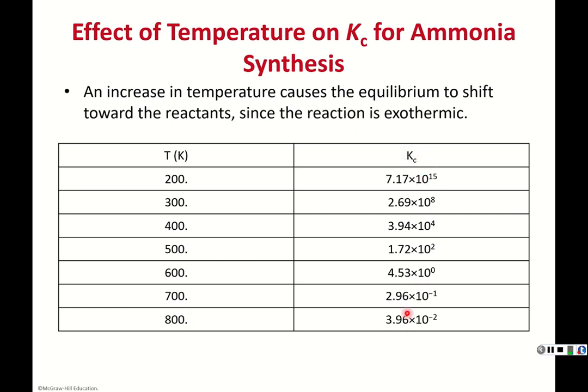And remember, this is an exothermic process, so increasing the temperature is like increasing a product, and it's going to shift the equilibrium to the left, right? So you want to lower that temperature. You want to keep it as low as possible to get that equilibrium constant as high as it can be.